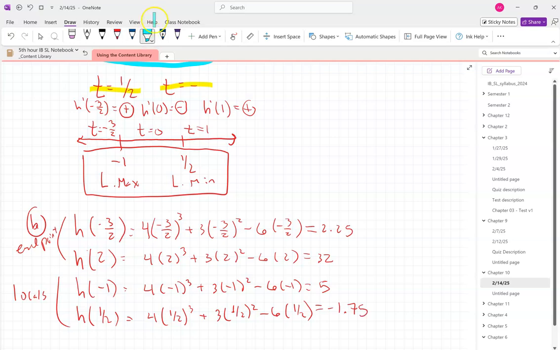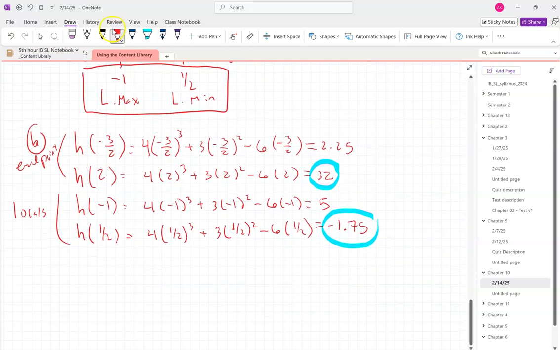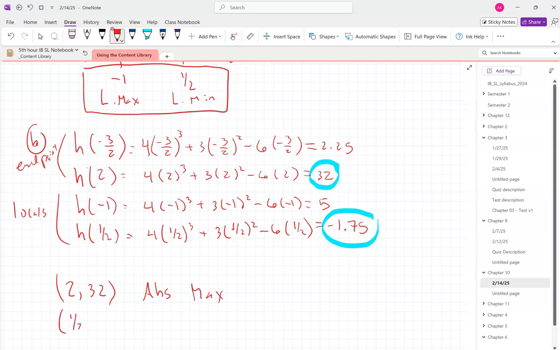So what I'm looking for is the biggest value and the smallest value. So I can say that the point 2, 32 is my absolute max, and the point 1/2, negative 1.75 is my absolute min.